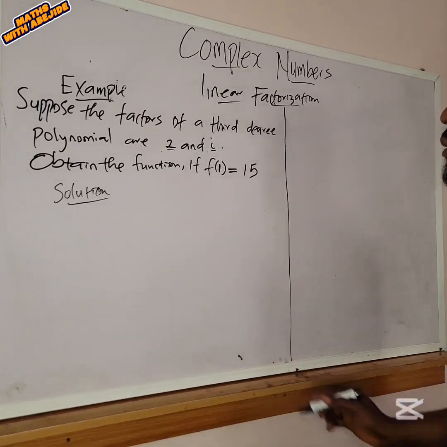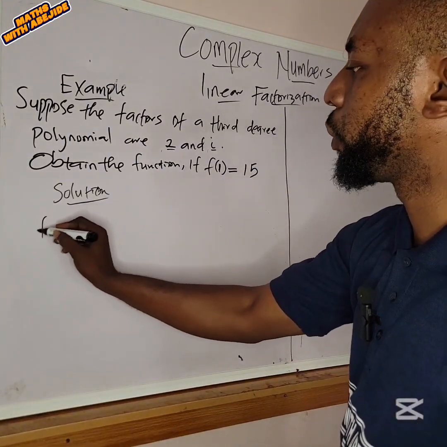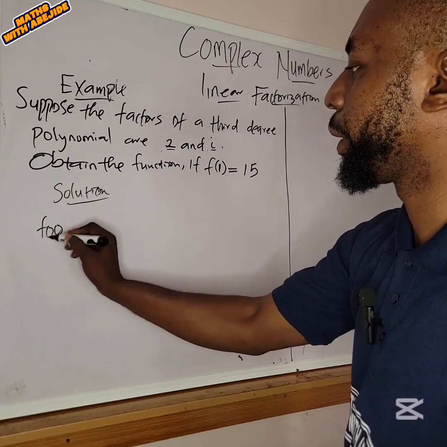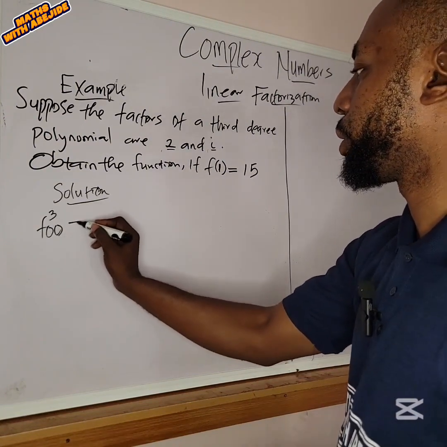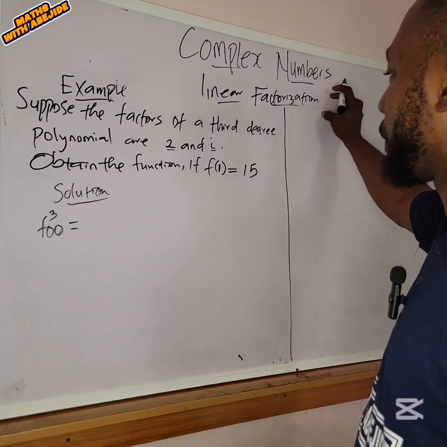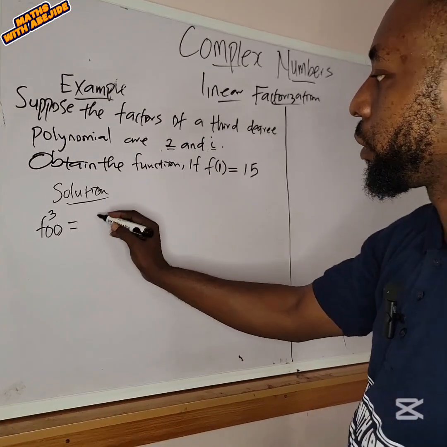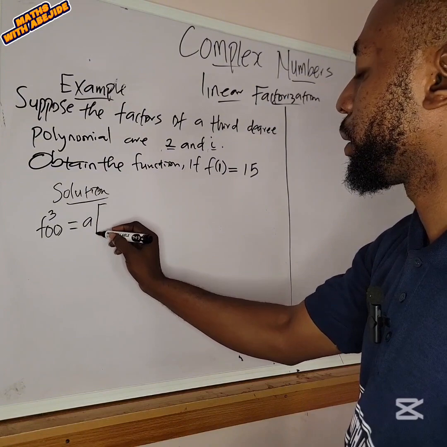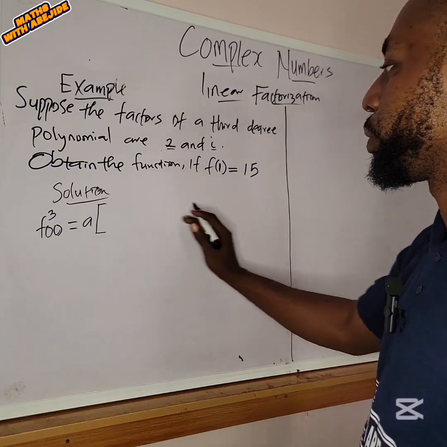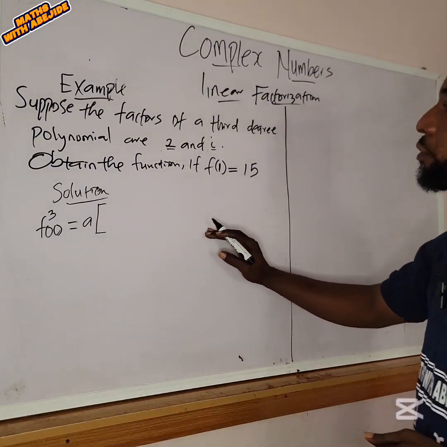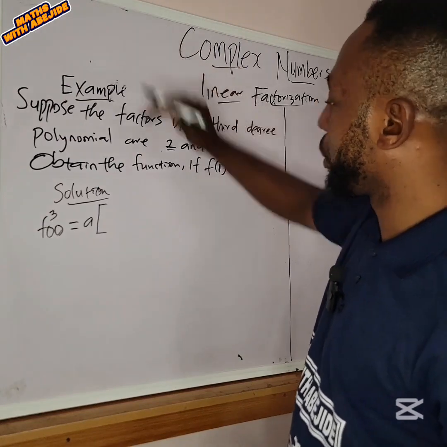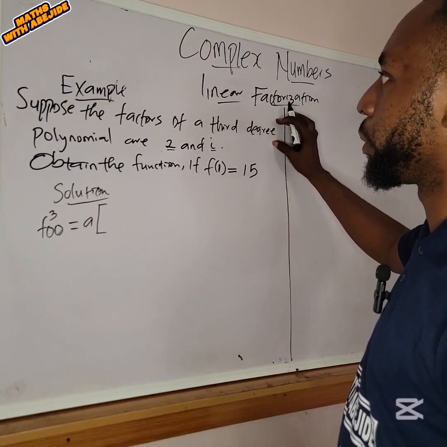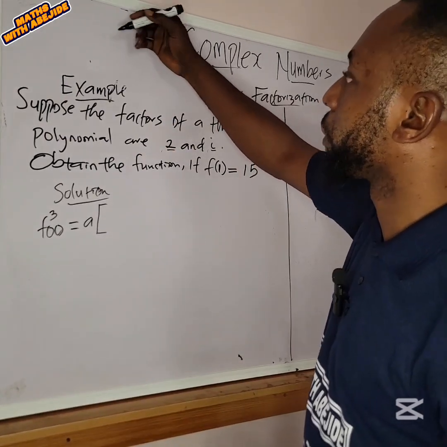Solution. Now, the polynomial is of degree 3. From the linear factorization theorem, we can have it look like a, which is the constant, then the possible zeros will be here. Because it is a third degree polynomial, we have 3 factors.